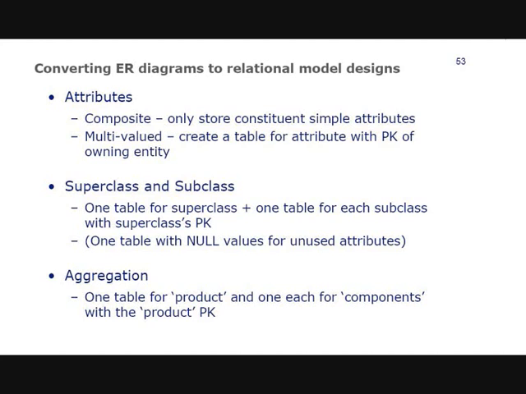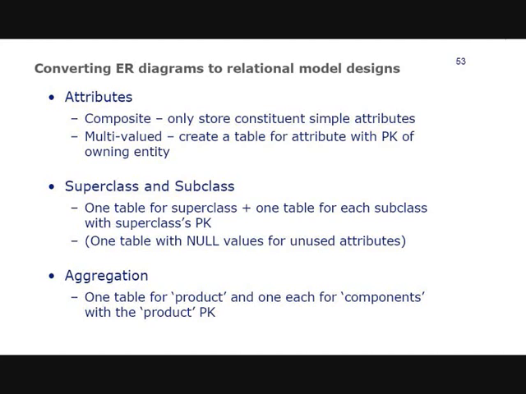If I have multi-valued attributes, for example, how many sports a particular person played, remember that in the relational model we cannot have more than one repetition of values in one intersection of a row and a column. So I have to deal with that. So I create a table for the sports played, in this case, with the primary key of the student being associated with the sport played. So I can identify which student plays what sport, but it becomes a table.